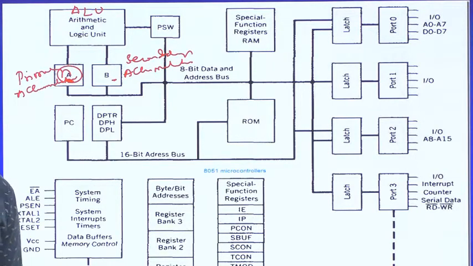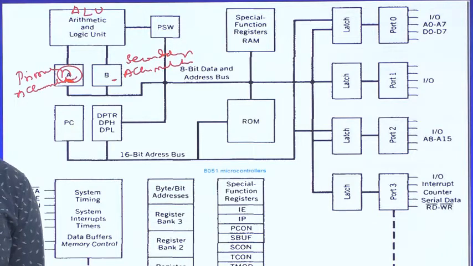We need another accumulator to hold the rest of the result. At that point, the B register comes into the picture, and it can hold the rest of the result of that operation. So we can also call it an accumulator. And one more thing, in the 8051, multiplication and division operations are performed by the ALU only on the contents of the A and B registers, and after completion, the results also go to the A and B registers only. So B also acts as an accumulator, but it is a secondary accumulator.